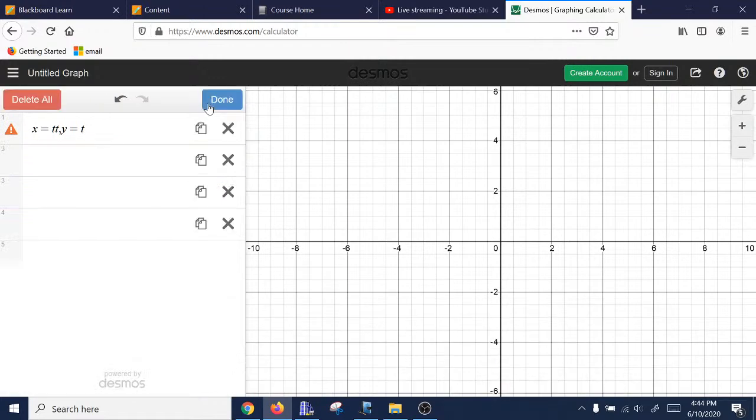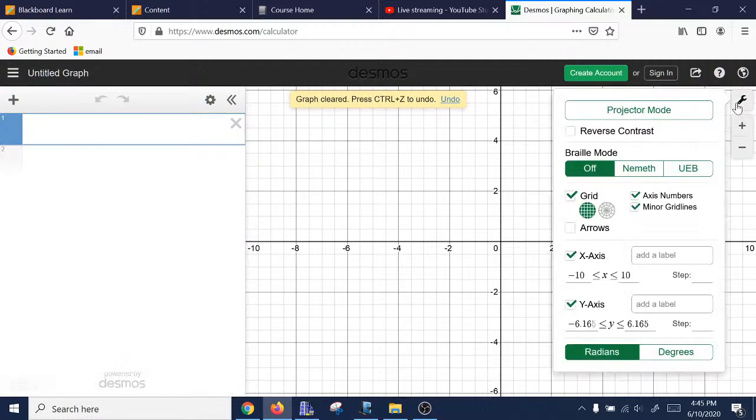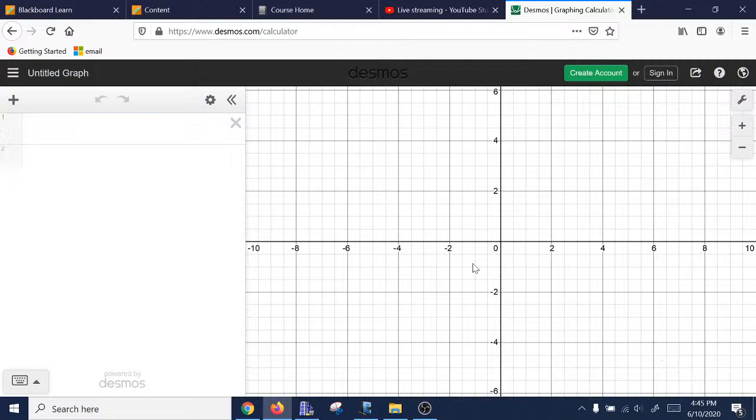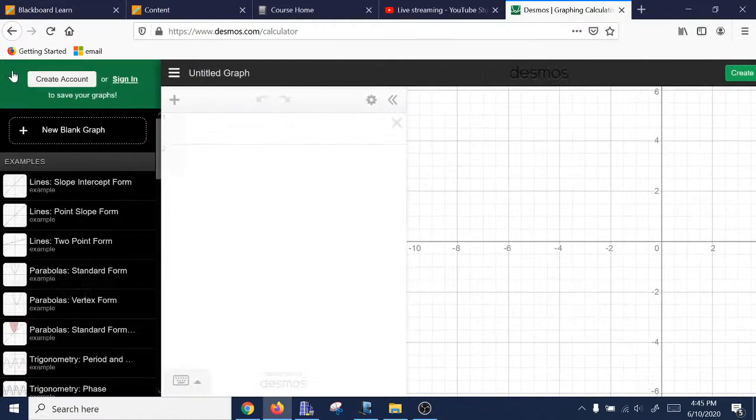How do I tell you to be parametric? Oh, there's the wrench. Show me. None of these says parametric. Dang, how do I go parametric? Oh, there's one.